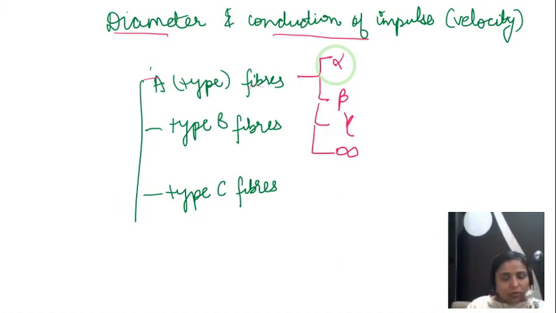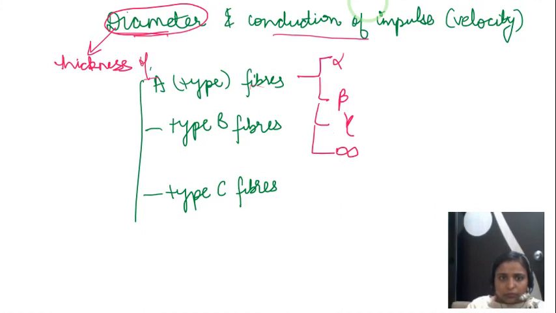So let's take first the diameter. What do you mean by the diameter? Diameter is nothing but the thickness of the nerve, meaning how thick the nerve is.